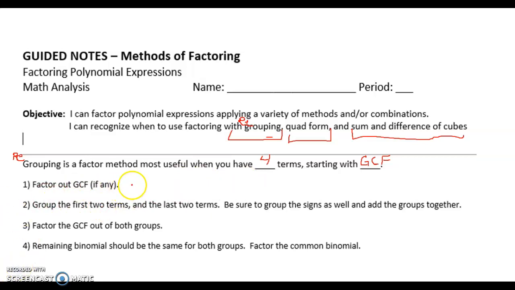The steps to regrouping: first, find the GCF. The next step is to drop in parentheses.